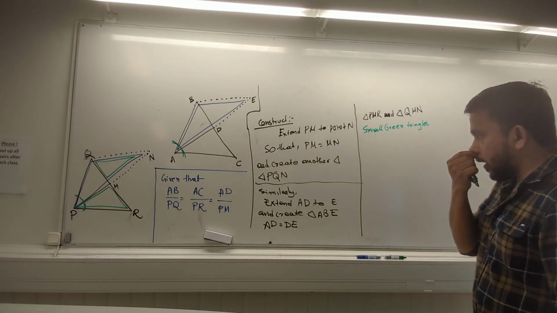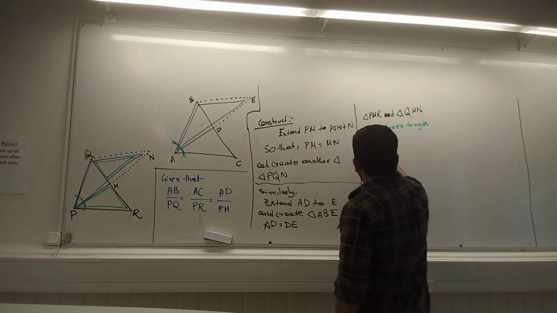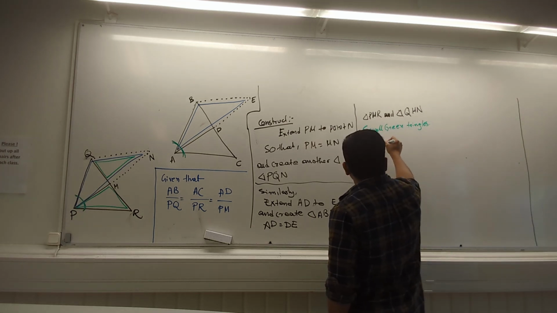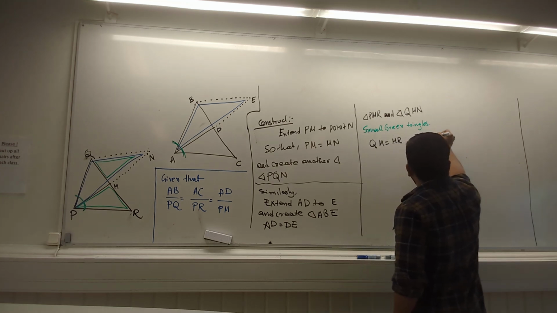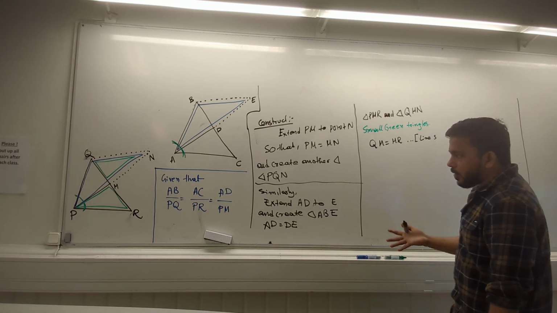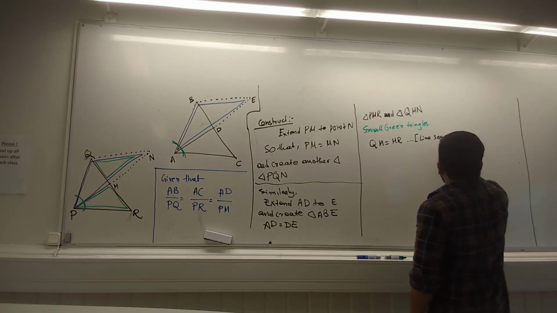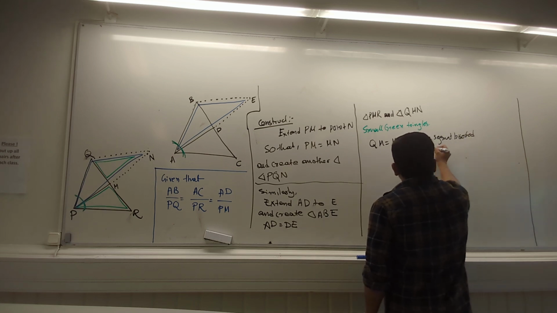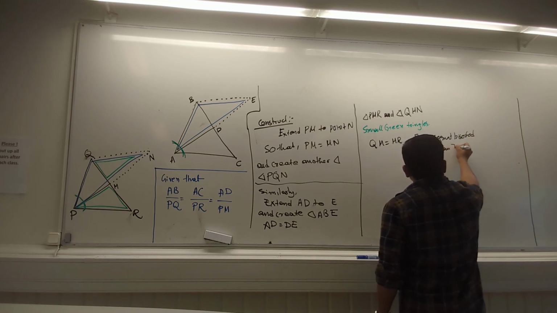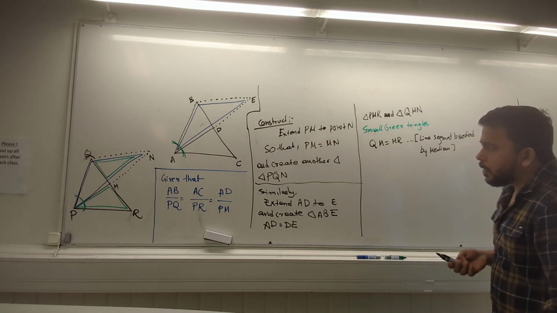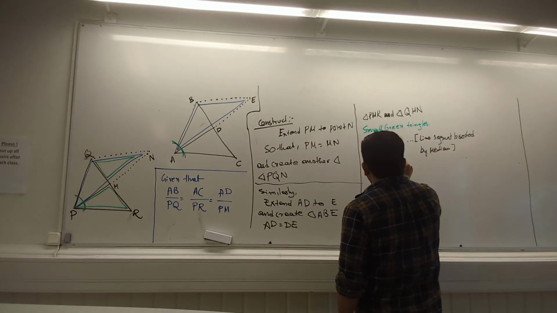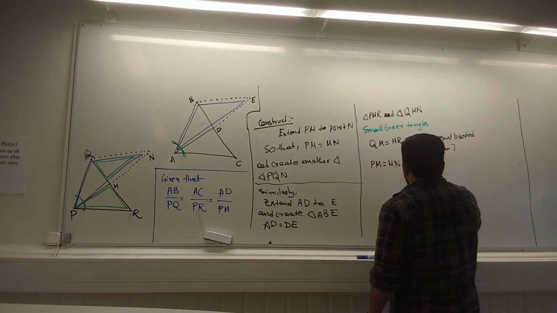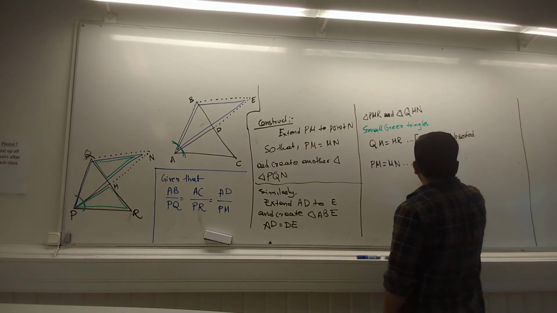So we can see that QM equals MR because the line segment is bisected by the median. Another thing we can see is that PM equals MN, because that was how we constructed those two triangles, by construction.